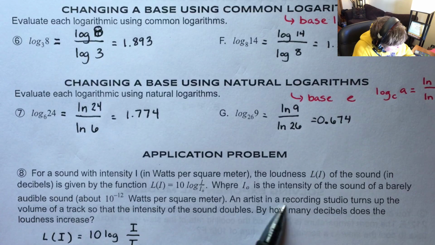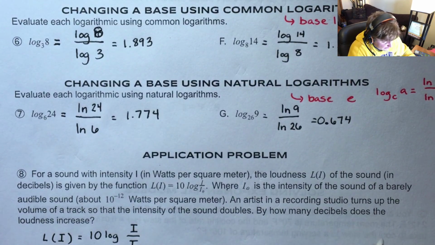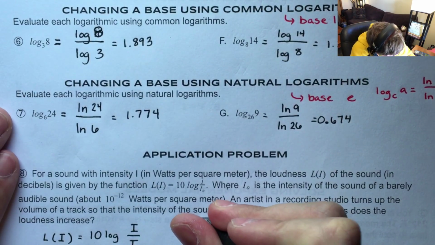An artist in a recording studio turns up the volume of a track so that the intensity of the sound doubles. By how many decibels does the loudness increase? Okay, so we're going to let I be the original intensity.